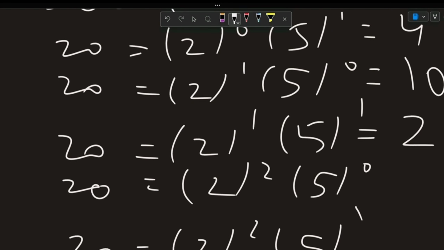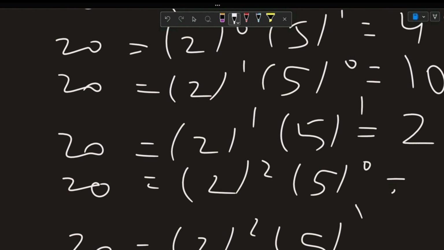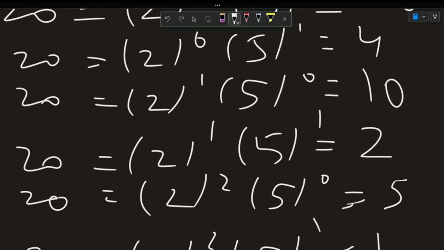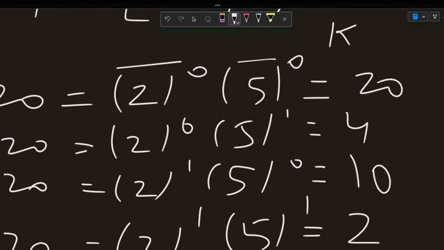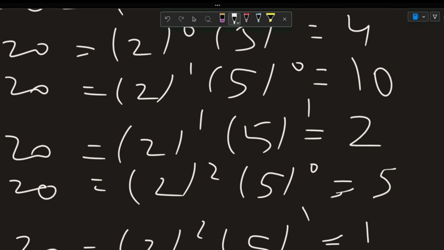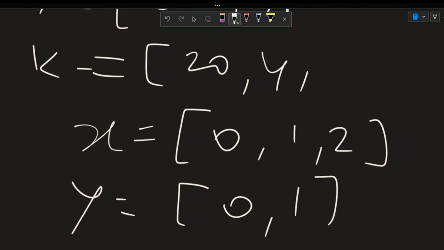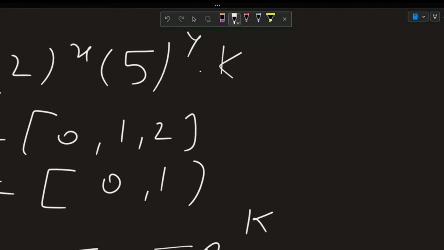The value of k here is 20 divided by 4, which gives me 5. And 20 divided by 20 itself gives me 1. As you can see, all the values of k are distinct: 20, 4, 10, 2, 5, 1. All the values are distinct, and in that case my answer would be 1.